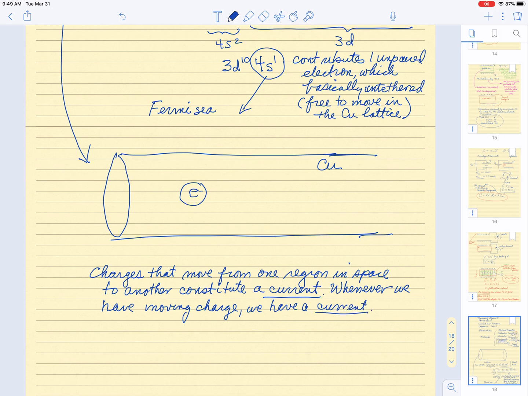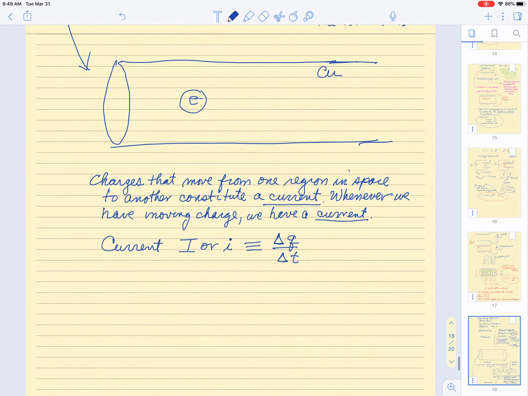And so by definition, the current, which is sometimes given as capital I or lowercase i, is by definition the change of charge that moves past me per unit time.